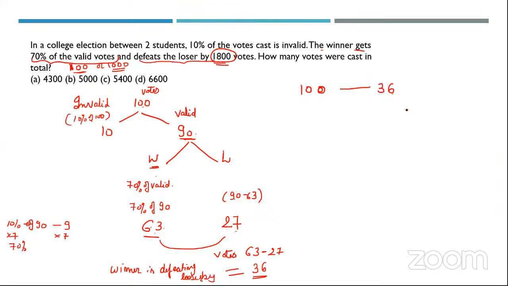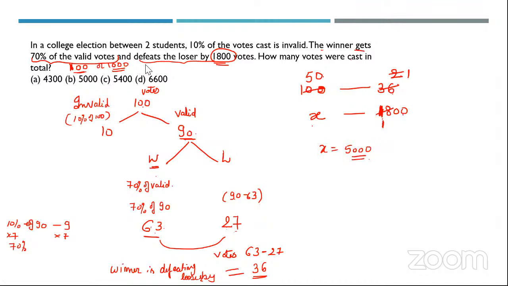So when winner is defeating actually by 1800, what will be the total number of votes? 18 ones are 18, 18 twos are 36, 50 into 100, x is equal to 5000. So 5000 is the answer.